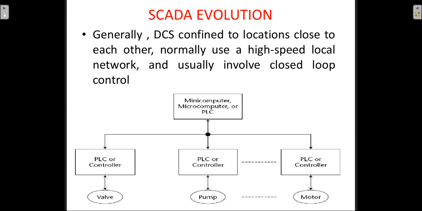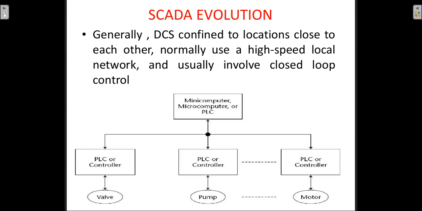This is what you can see in this particular system. You have a microcomputer or a mini computer or the PLC, you have the PLC controllers, and these are the valves, pumps, motors and other things which are being controlled by them. Now when you have everything connected here, from a central system it would be easier for you to look into this data and accordingly control these end devices, could it be a valve, a pump, or a motor.